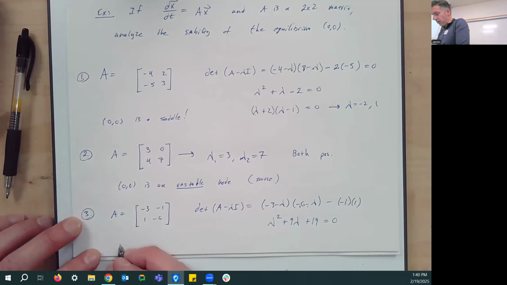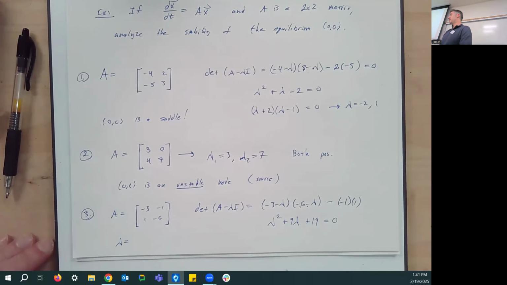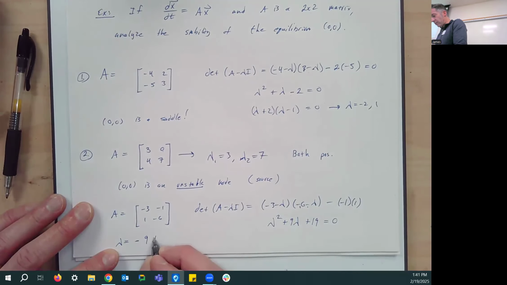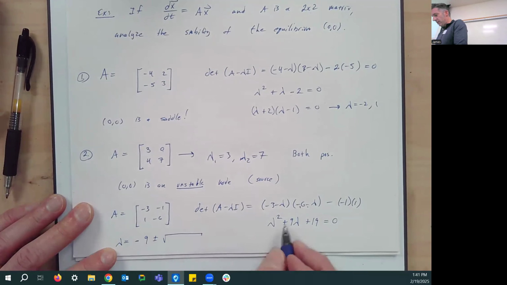So here, our eigenvalues, we're going to use the quadratic formula, although he did talk about in class today a different way of doing this, I think, as well, using the trace and the determinant. It's -9 plus or minus the square root of 9 squared minus 4 times 19, all divided by 2.